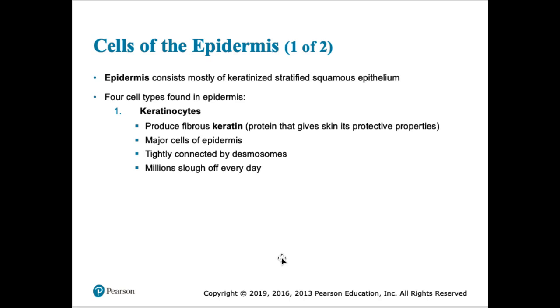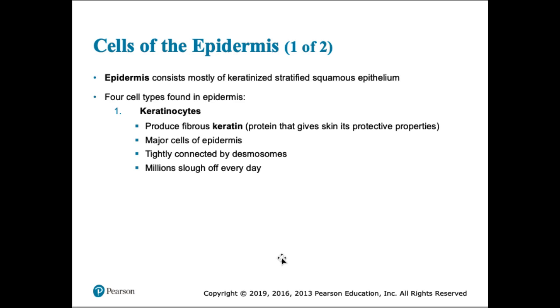It's a protein that gives the skin its protective property. Several things on our body have keratin in them. It's fibrous and helps provide that barrier. These are the major cells of the epidermis, which is why we're talking about them first, because they're the biggest group there. And they're tightly connected by those desmosomes.